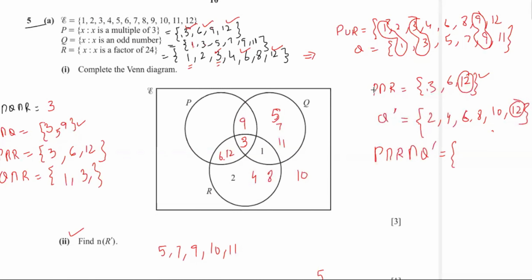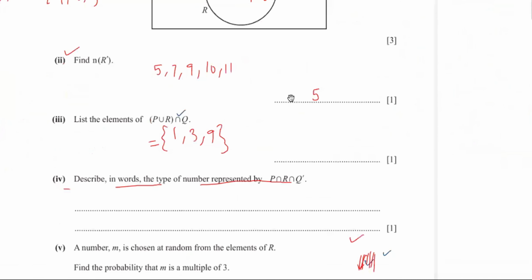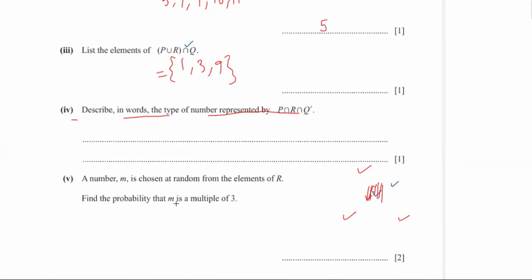Now the common between P intersection R intersection Q dash will be 6 and 12. This is the answer, 6, 12. And these elements 6 and 12 are multiples of 6. We write multiples of 6.